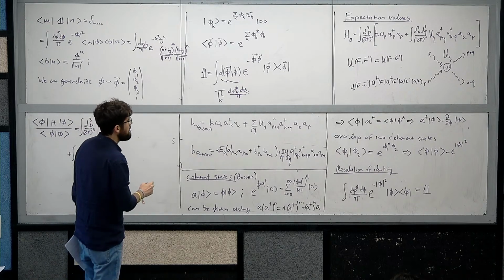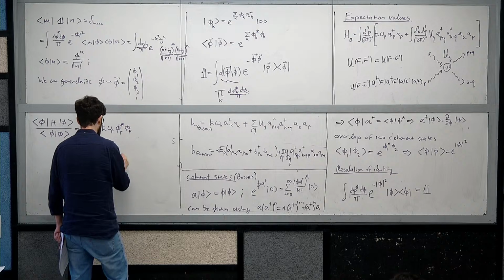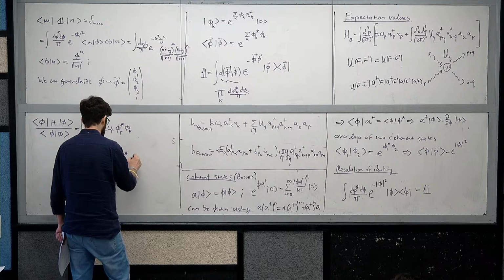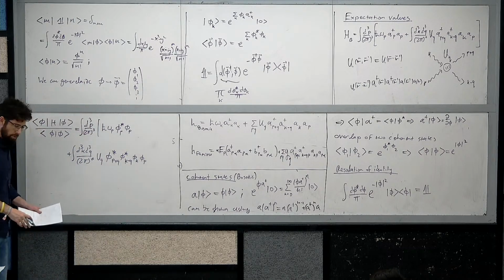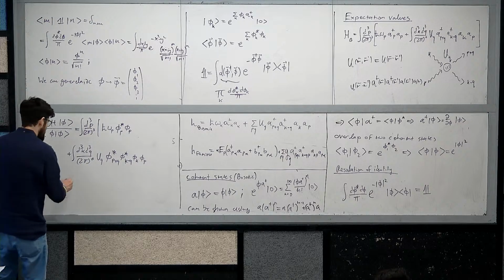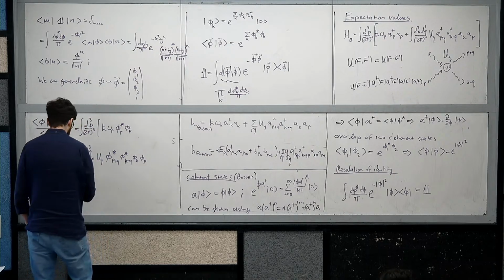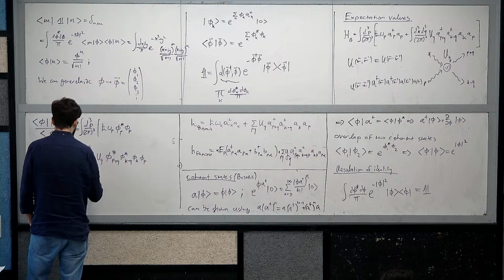phi star of p plus q, phi star of k minus q, phi k, phi p. Okay? And now we're getting a taste for how these kinds of theories are represented, and we can denote this, for future use, as H of phi star and phi, or phi dagger.